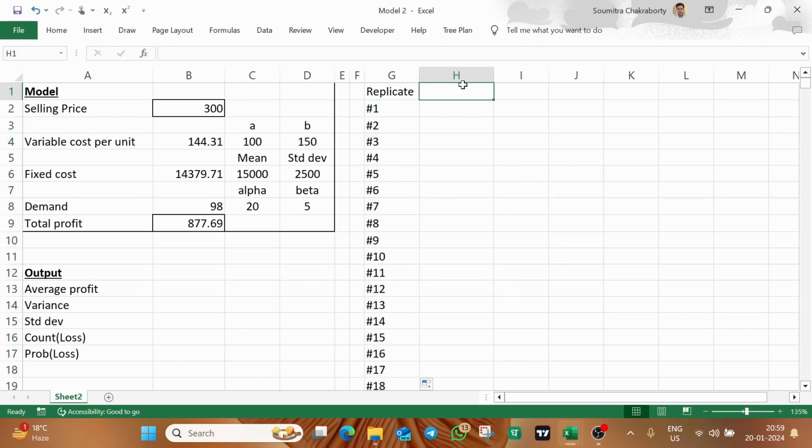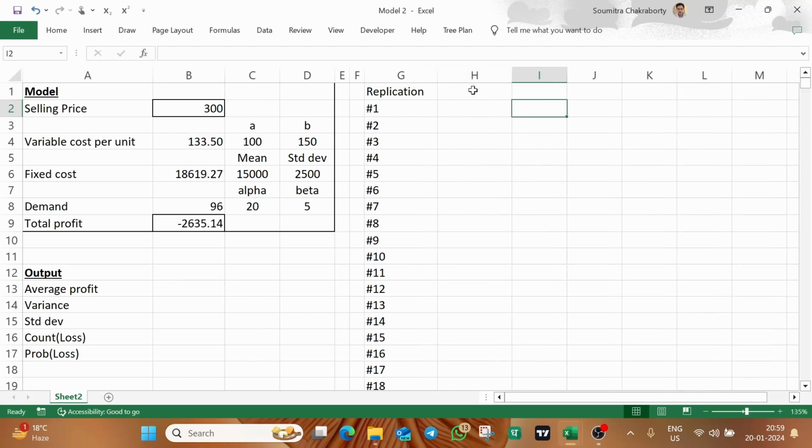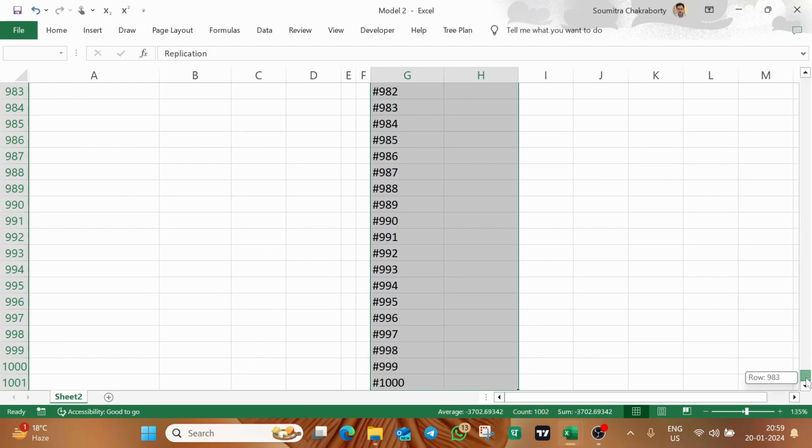So these are the 1000 replications. Then in the first column, right at the heading, I have written the replication heading. So right after that, in the H column, here we will refer this total profit. Okay, and then select the entire range. What is the entire range?